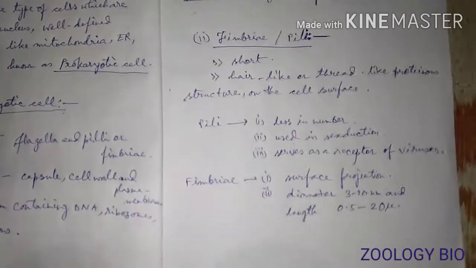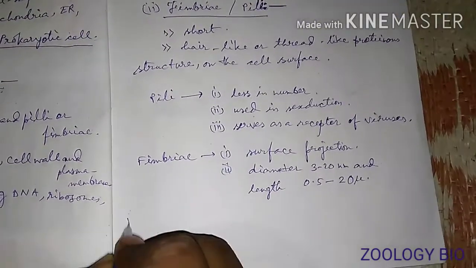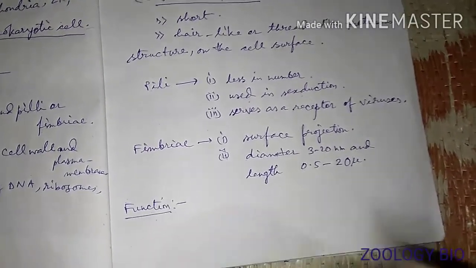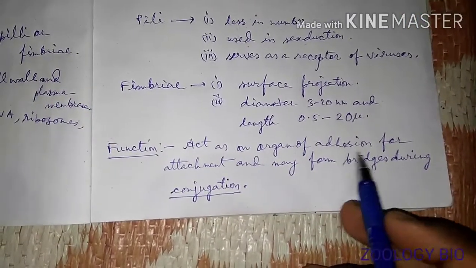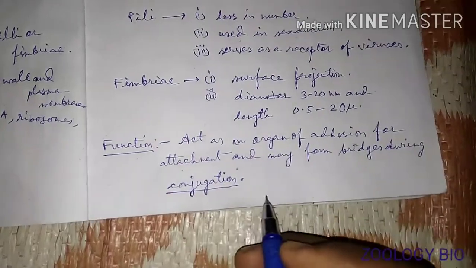They are large in number and are used to attach the cell to its surface. So the function is to act as an organ of adhesion or attachment, and they may form braids during conjugation.